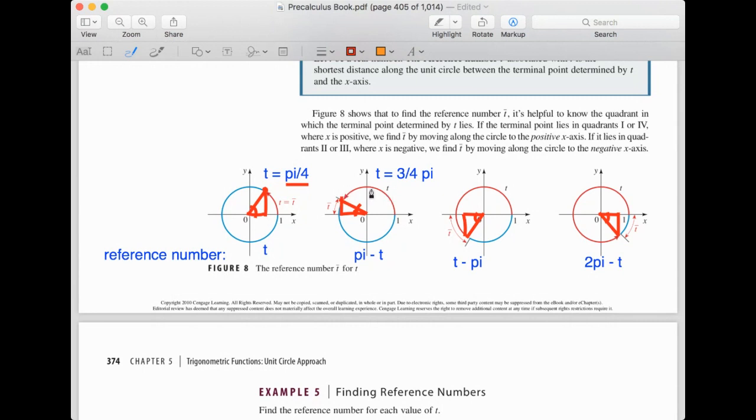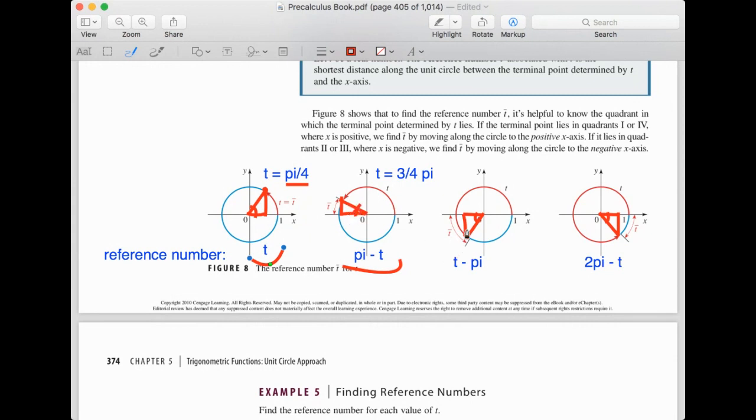So we want to use an angle in the triangle to speak for this. We call it the reference angle. The reference angle for this would be this angle, which is pi minus t. In the first quadrant, it's just t itself, whatever the angle is. In the second quadrant, we use pi minus this angle. That would be this angle. This is a supplementary angle.